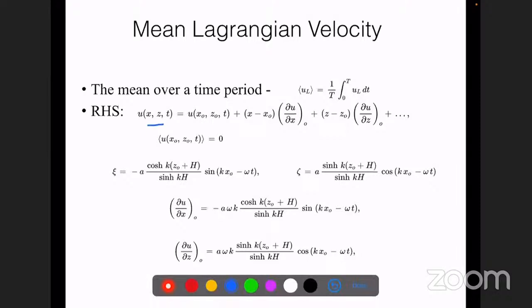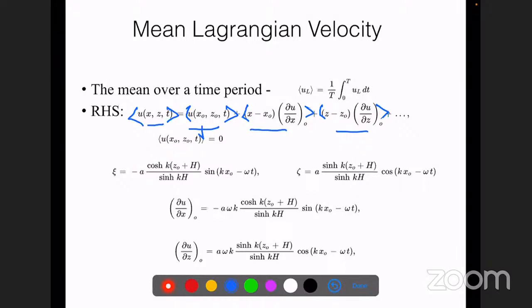So I take the velocity field, I've written it in terms of this Taylor series expansion. Then when I do a time average, the time average of the first term is 0. And then I have the time average of the corrections, which is xi times the gradient at the initial location and zeta times the vertical gradient at the initial location. You already have these terms present in the problem, right? You have already worked it out, because these are to be found at the initial location.